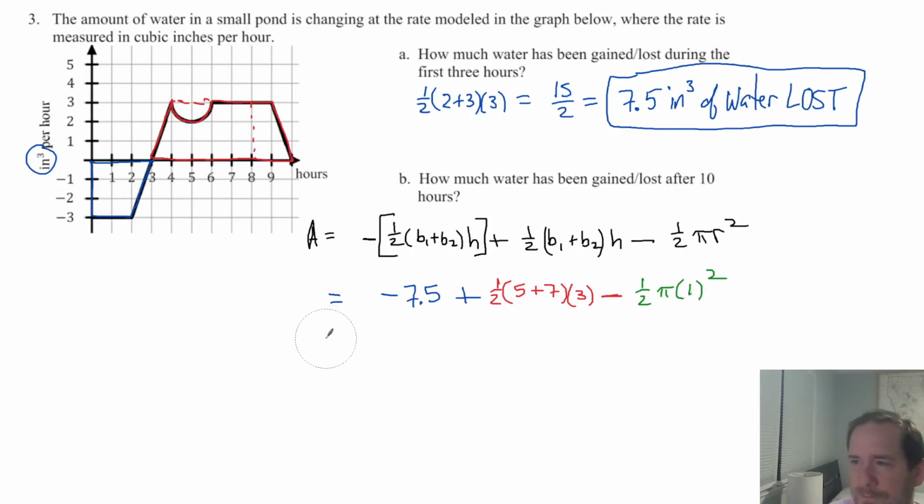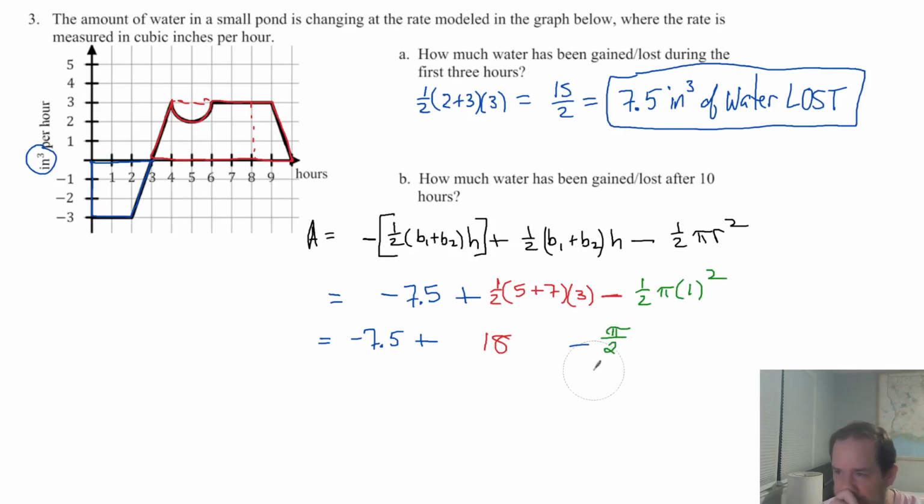So what are we looking at? We've got negative 7.5 cubic inches already. Then the red shape adds up to be 12. Half of 12 is 6. 6 times 3 is 18. So we're adding in 18 cubic inches. Then the green is, well, it's pi over 2.